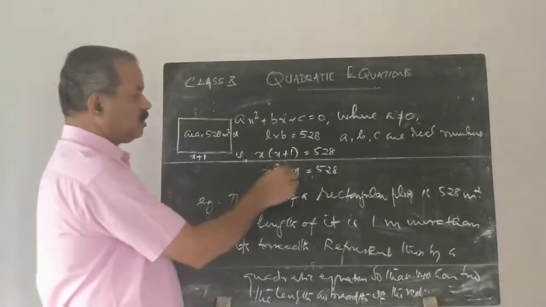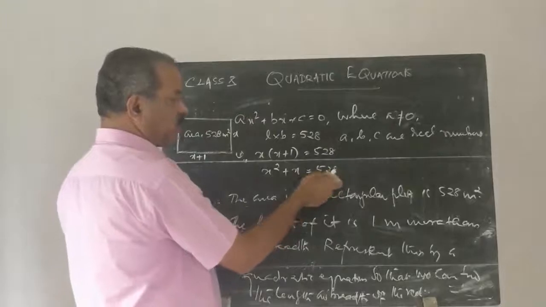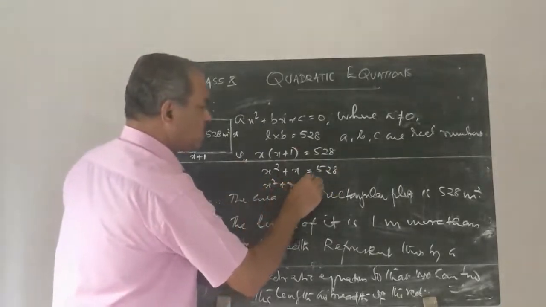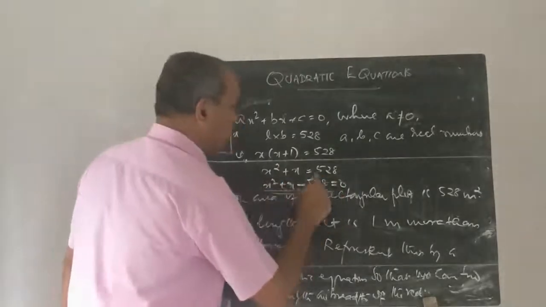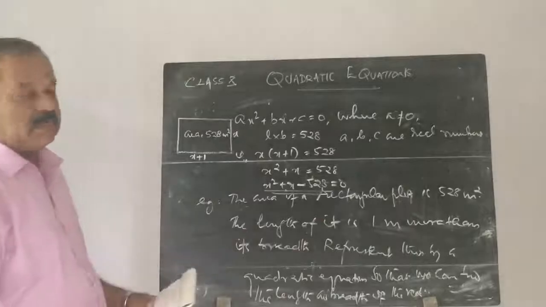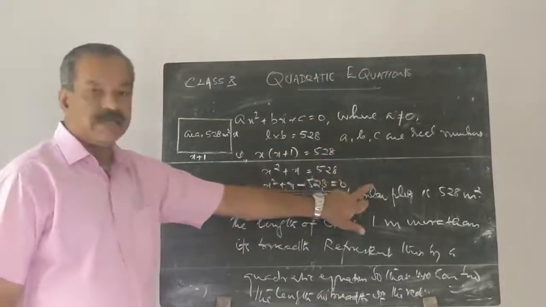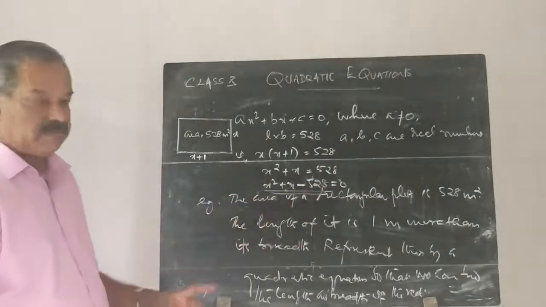This can be converted into the standard form by transposing 528 to the LHS. x square plus x minus 528 equal to 0 is the required quadratic equation. That is the quadratic equation which represents the given statement.